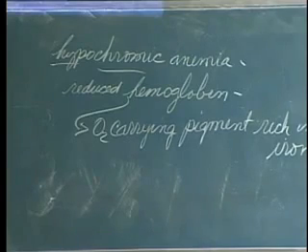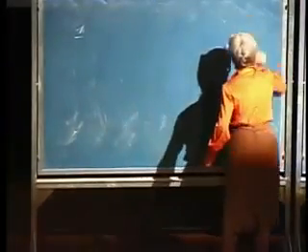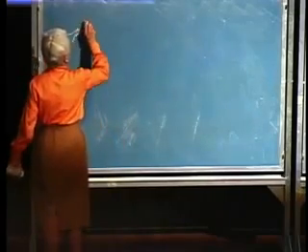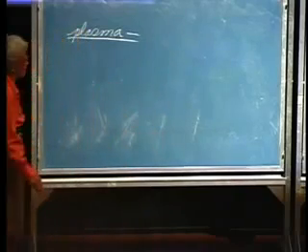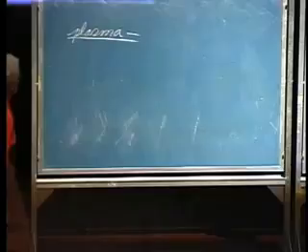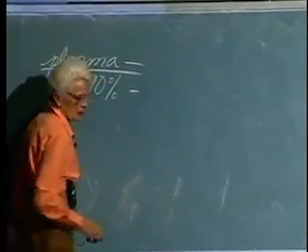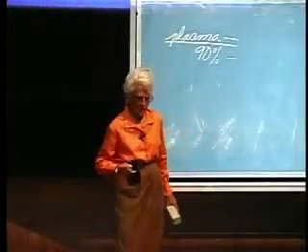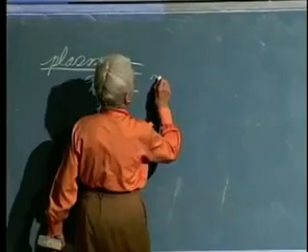So now what have we got? We've got our plasma. What is plasma? As you might expect, it's 90% water, and about 7 to 9% plasma proteins.